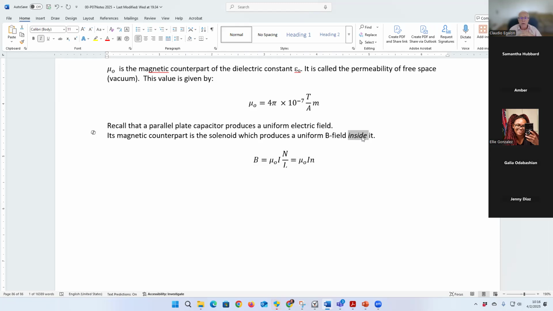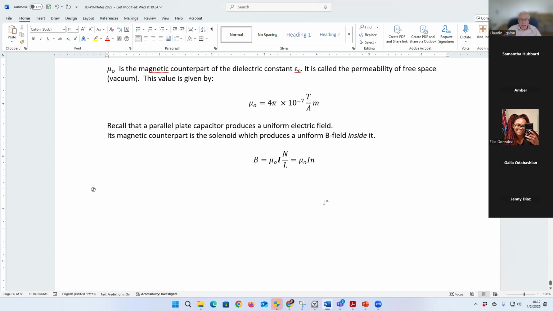Only inside the solenoid. I told you that the magnetic field is always proportional to the current and inversely proportional to the distance from the current. But for the case of the solenoid, the magnetic field outside the solenoid is going to be 0.